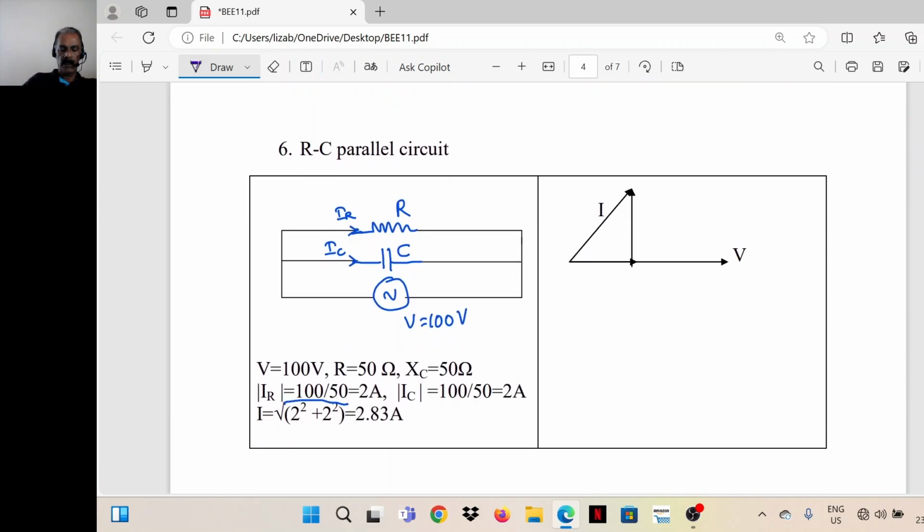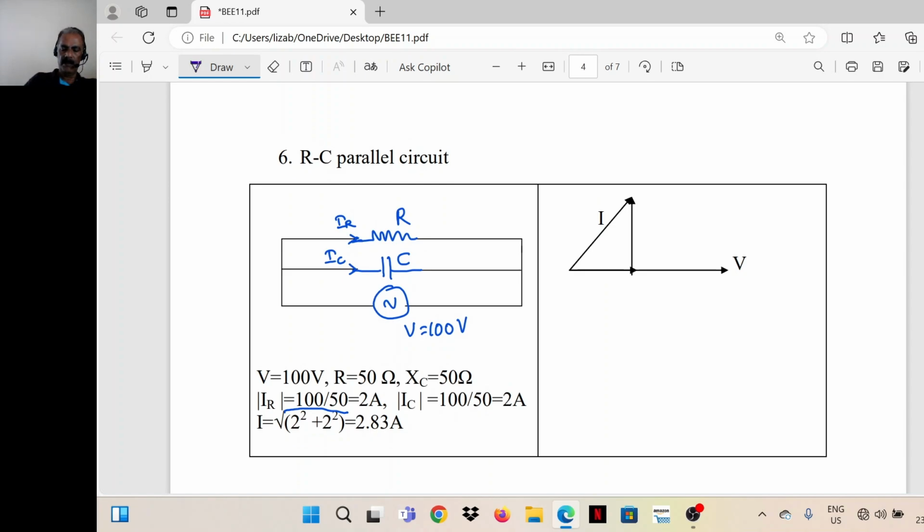Next, RC parallel circuit, same as the previous case. Voltage I am taking as a reference. This is the current taken by the resistor that is in phase with V. Then one more current is there, current taken by the capacitor. Capacitor current leads the voltage by an angle of 90 degrees. So this is IC, this is leading the voltage. So this is 90 degrees leading.